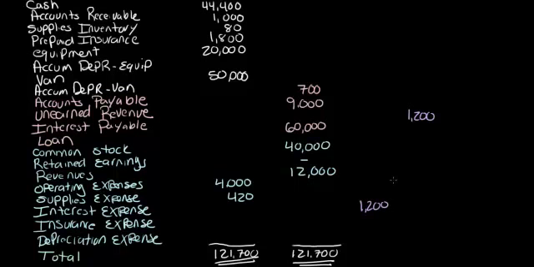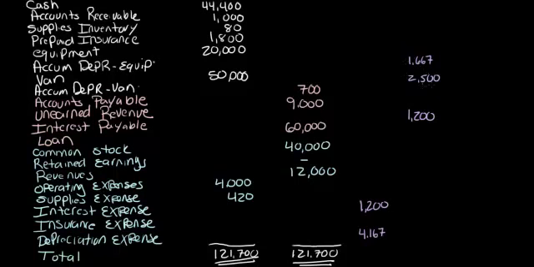The depreciation expense number down here, we're going to debit $4,167. We're going to credit two amounts. $1,667 is going to be credited to accumulated depreciation equipment, and $2,500 is going to be credited to accumulated depreciation van.